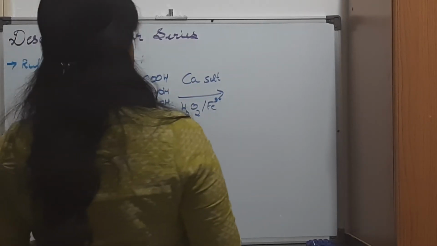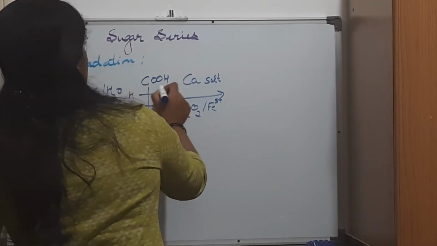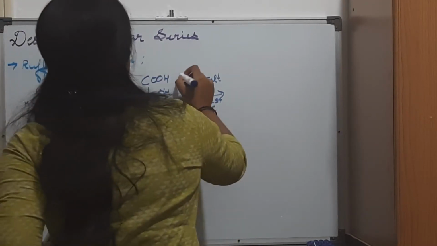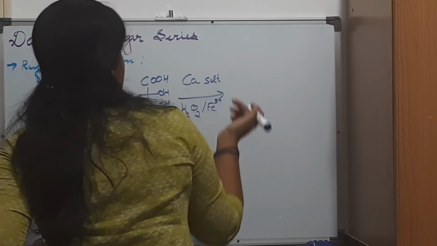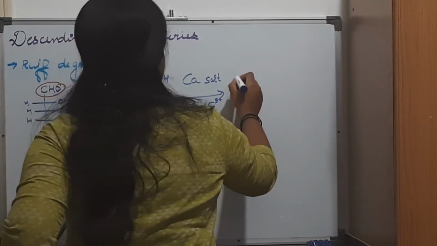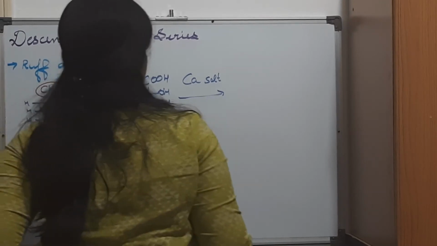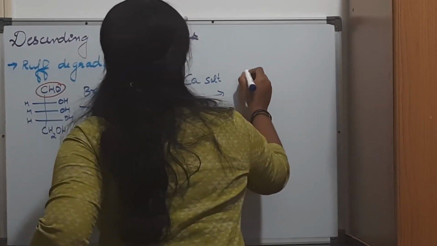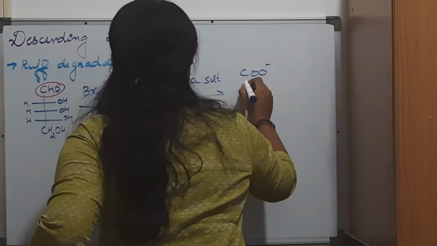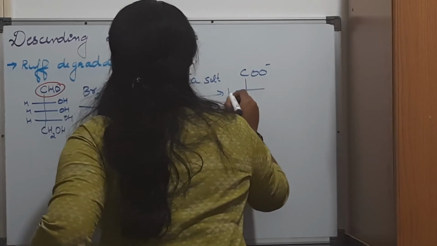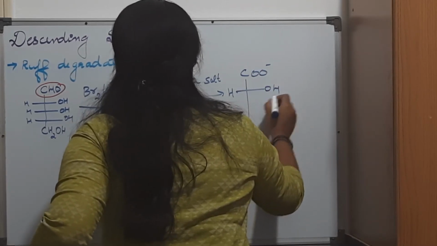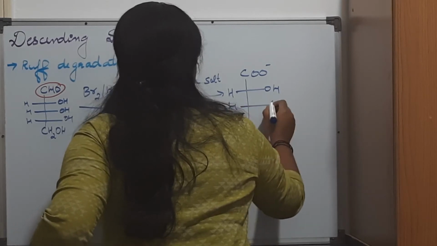So what happens is, now the COOH, in the presence of calcium salt, will be COO minus. Let's write it as two steps so you'll understand it better. So with calcium salt, this will change to COO minus. Then this H OH is there.